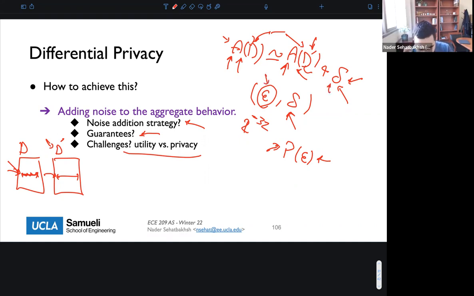And unfortunately, if we want to increase privacy, so we want to decrease the chance that a specific record is recovered, the delta has to increase. And if the delta increases, it means that the accuracy of our aggregation will decrease. So basically, the utility, which in this case is the accuracy of the aggregation, the statistical value that we're looking for, will decrease.